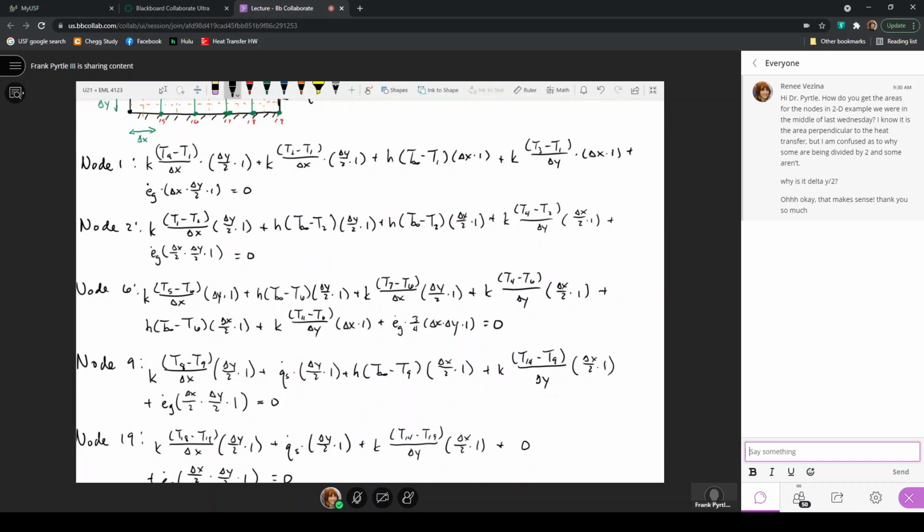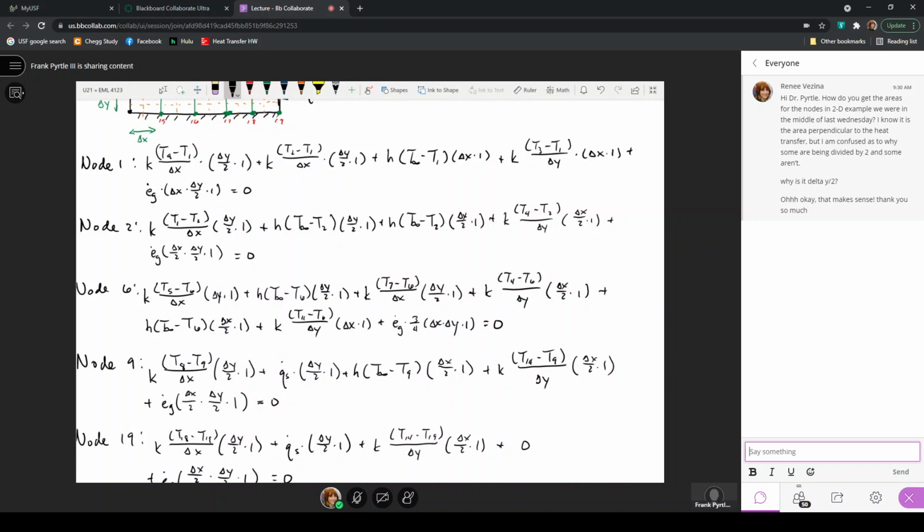So those three terms would have to be moved to the right-hand side of the equation if we were writing a matrix or using a matrix representation for these simultaneous equations that would result as this network of equations that is the node equations from node 1 all the way through node number 19.